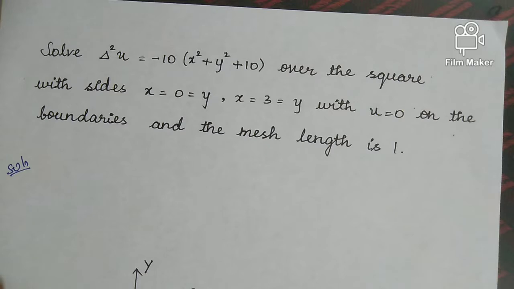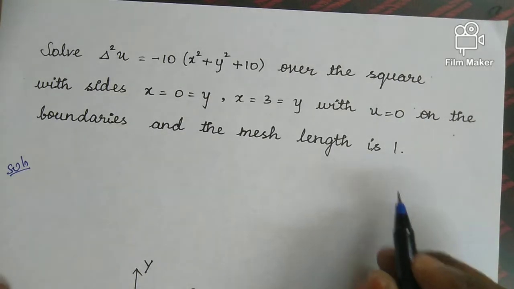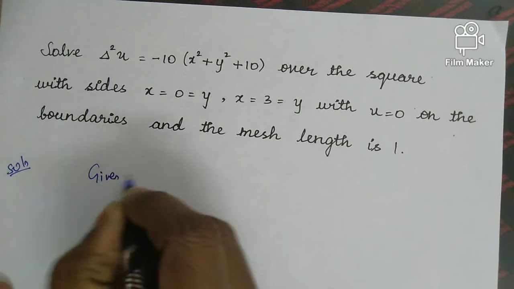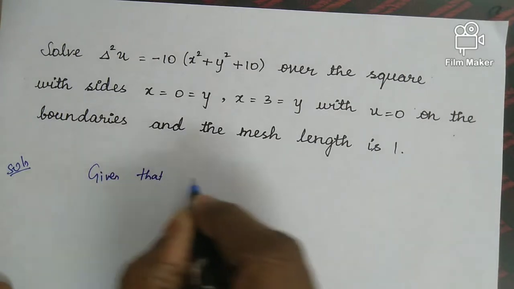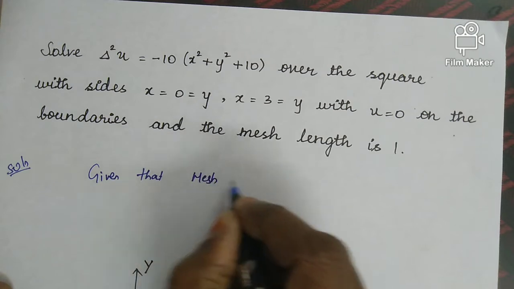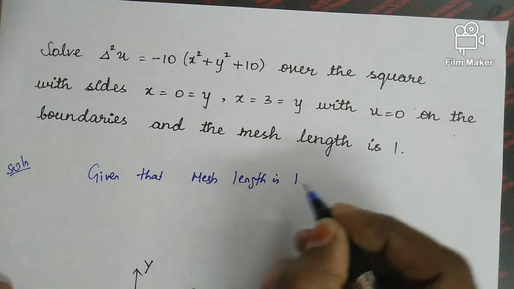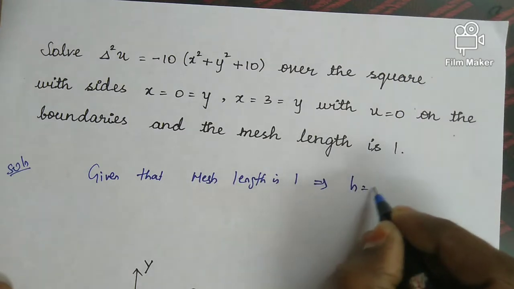Look at the solution. It is given that the mesh length is 1, that means h is equal to 1.